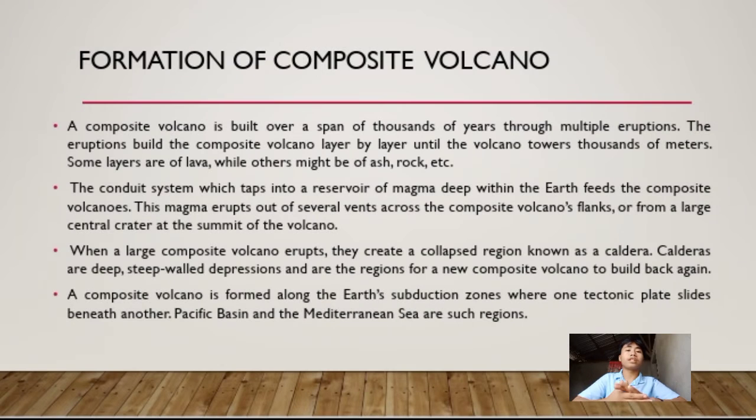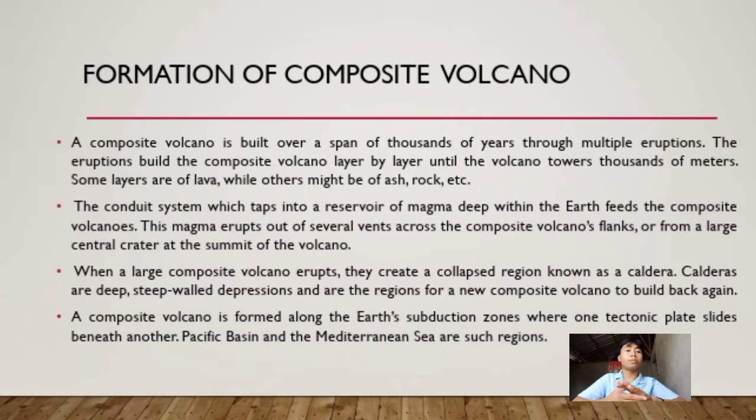Moving on, let us know about the formation of composite volcanoes. A composite volcano is built over a span of thousands of years through multiple eruptions. The eruptions build the composite volcano layer by layer until the volcano towers thousands of meters. Some layers are lava, while others might be ash, rock, and so on.